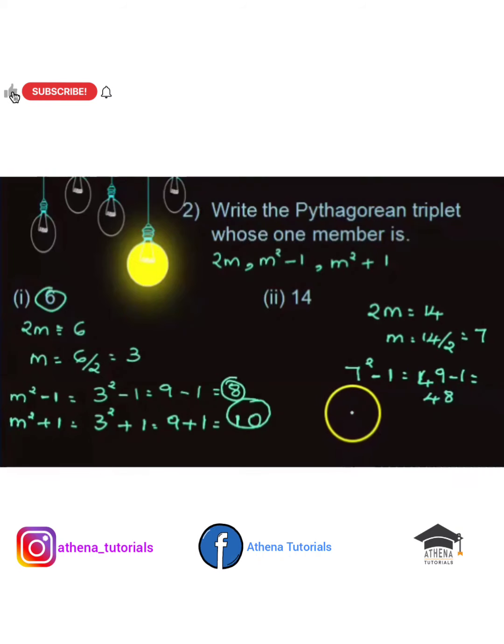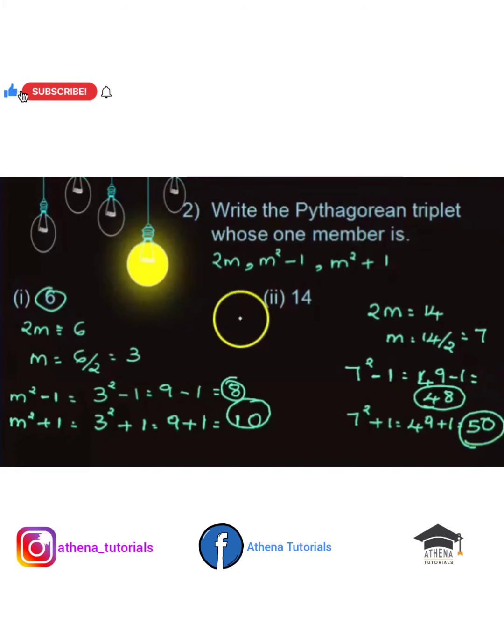And m square plus 1, which will be equal to 7 7s are 49 plus 1, which will be equal to 50. So the other two numbers are 48 and 50. Now let's continue with the next problem.